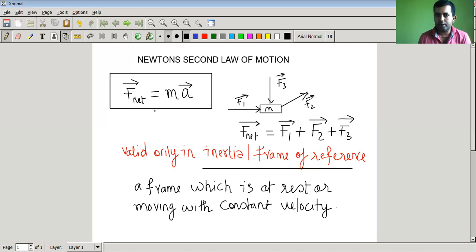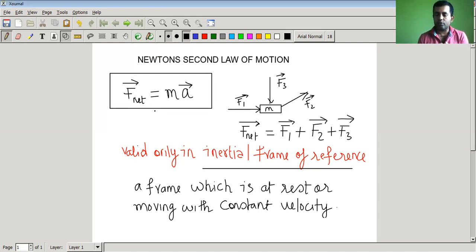Suppose you are in a car and the car starts suddenly. Is it an inertial frame of reference? The answer will be no, because it is accelerating. Its velocity has changed. Same way, suppose your car has stopped suddenly. Is it an inertial frame of reference? The answer is no. Again, it has accelerated, decelerated actually.